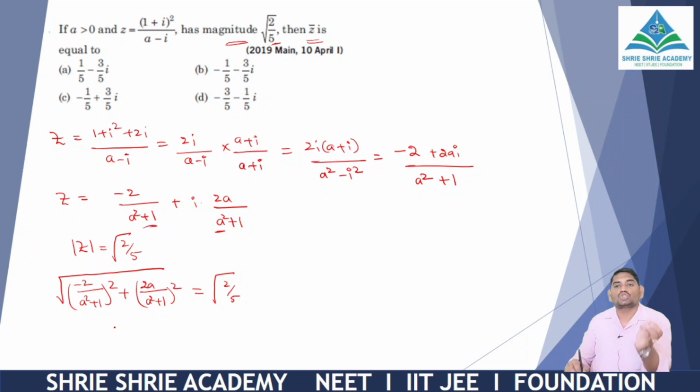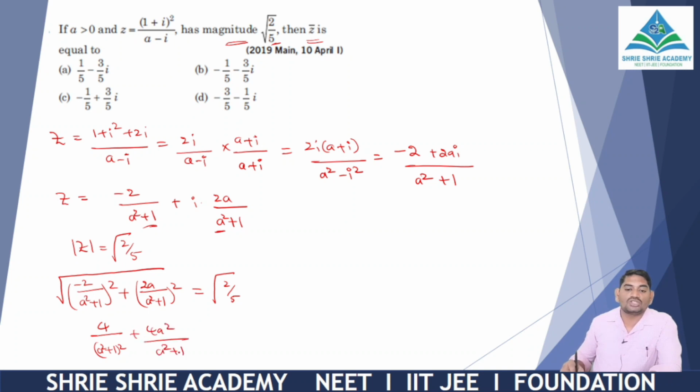So I will square both sides, then the square root gets cancelled. We get 4 divided by (a² + 1)² plus 4a² by (a² + 1)², which is equal to 2 by 5. The denominators are the same, so we can add the numerators: 4 times (1 + a²) upon (a² + 1)².